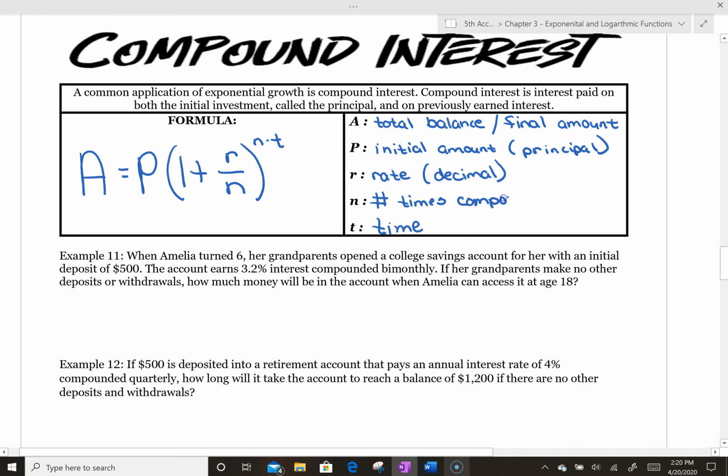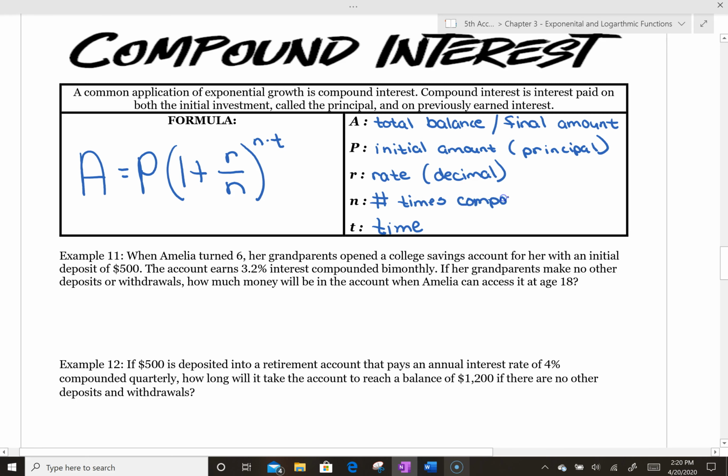So quarterly means how many times? Well, quarterly means 4, so therefore, how many times would that be in a year? Well, 4, so that'd be like every 3 months. So we're going to put divide by 4 and 4.